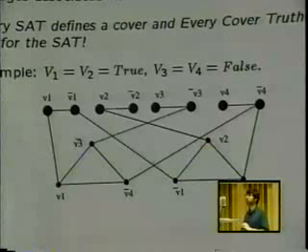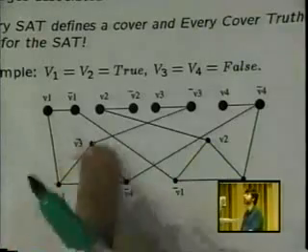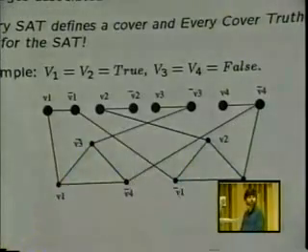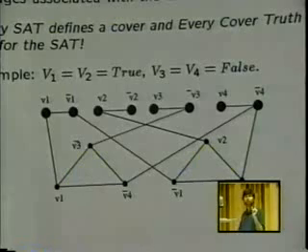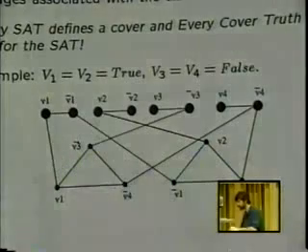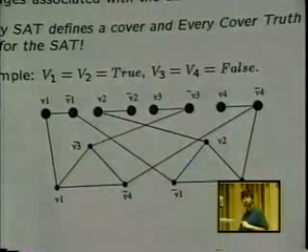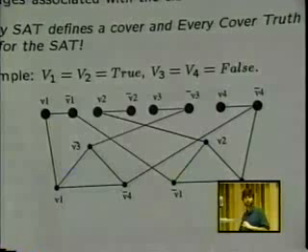If you think about it, if we pick all three vertices here, we cover all the edges coming to that clause, right? But we don't have a budget. If we're limited to finding a solution of size n plus 2c, we can't put three vertices in a triangle.